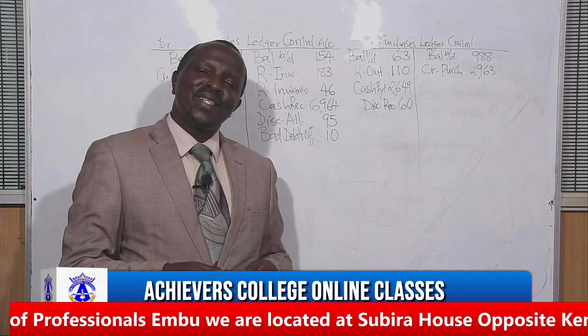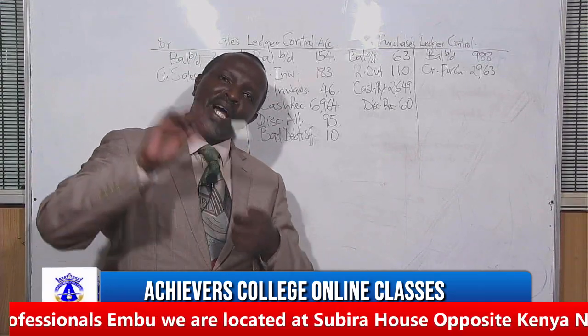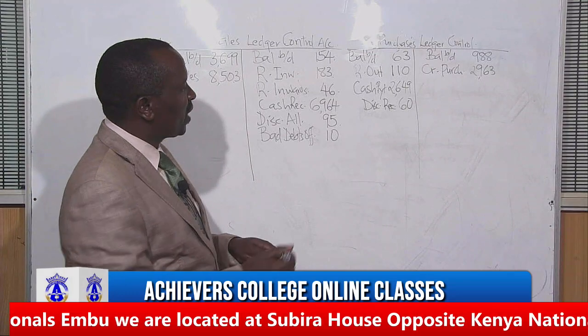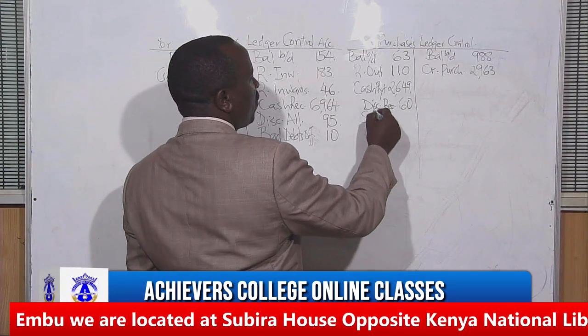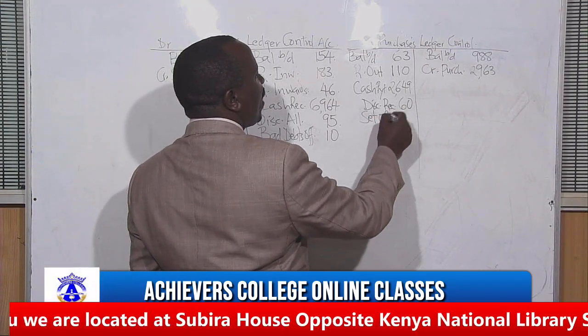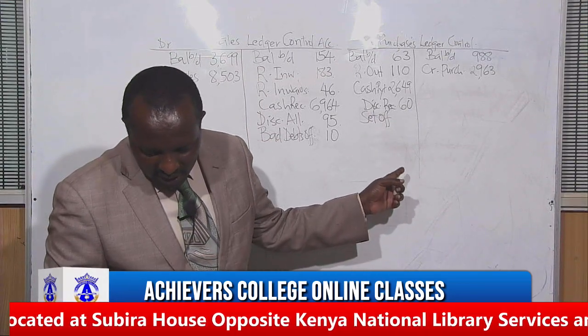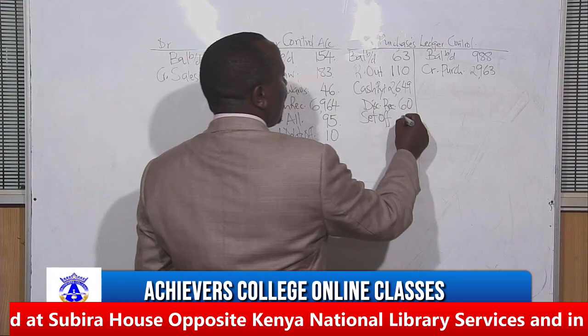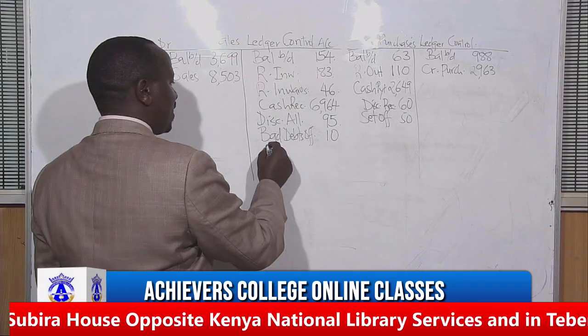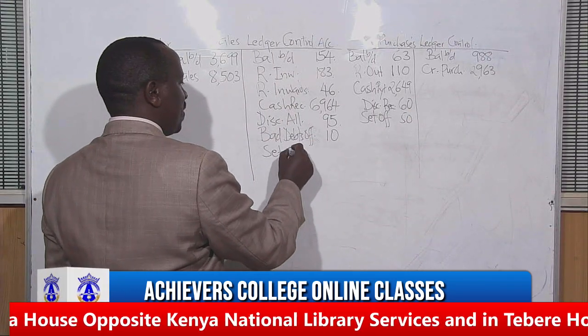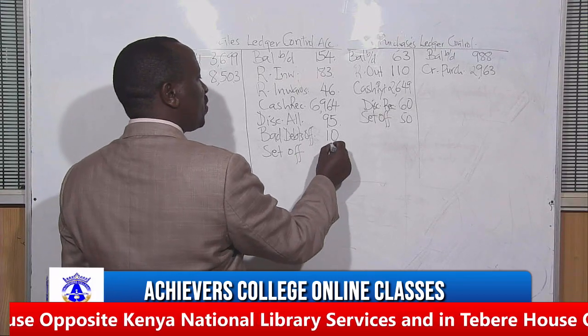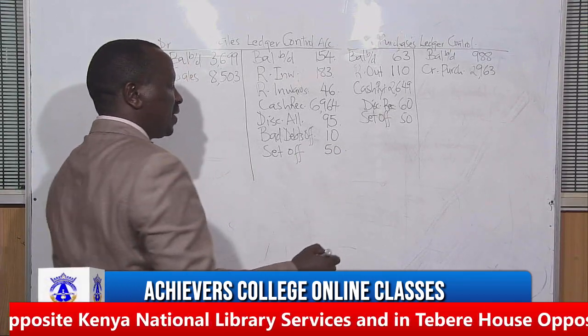We assume that the one that has much, the balance on top is what they are going to pay. So in this case, set off will affect both accounts. So set off here, it will reduce the creditors by 50 and it will reduce the debtors by 50. So that one is a contra entry. Remember we said that.